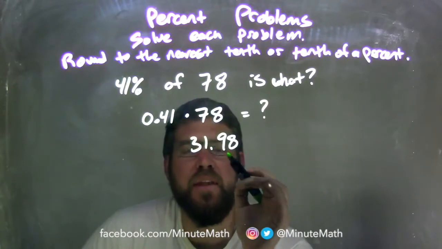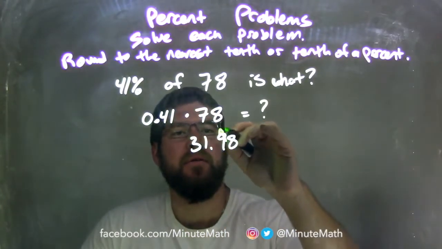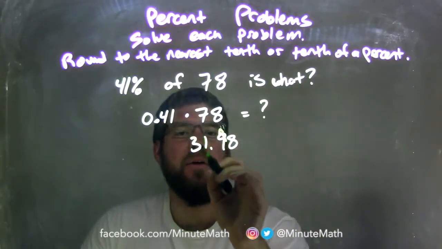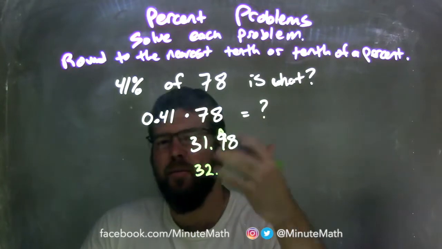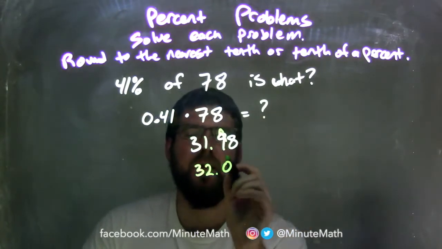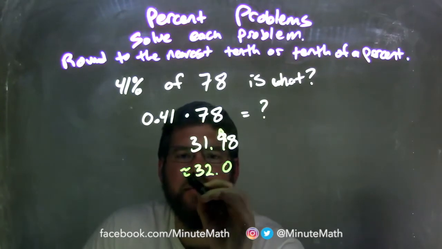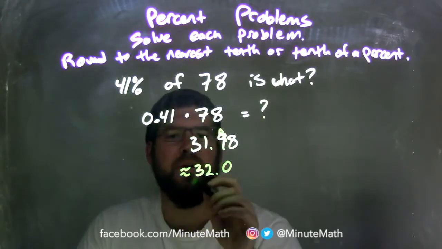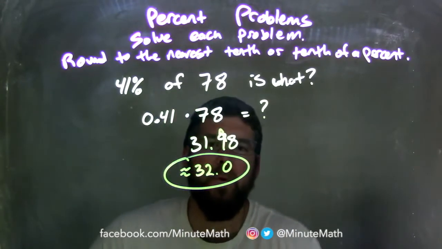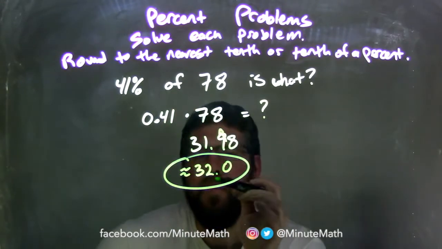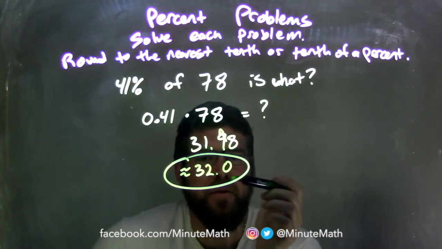That 8 causes the 9 to round up, making the 1 become a 2, and that 9 moves up to the next tenth, which is a 0. So our final answer, and it's rounded, so we can say approximately, is 32.0. And what that 0 does is it shows that you did round to the nearest tenth.